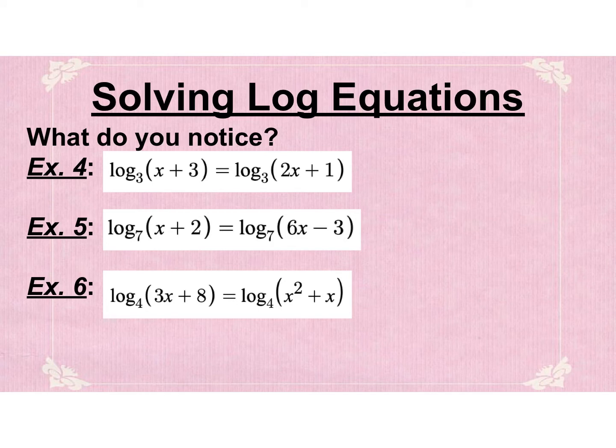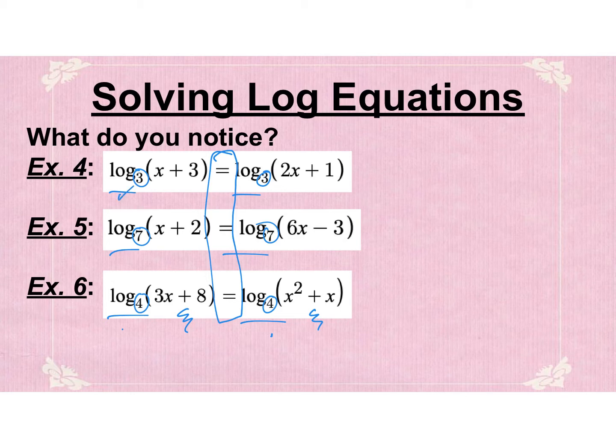Let's take a look at these log equations and tell me what you notice. Well, they have logs on both sides. All of the bases are equal, so I have 3s, 7s, and 4s. So far we've got log base 4, and then some parentheses. Because these are equations and these are all equal signs, that means the left has to equal the right.